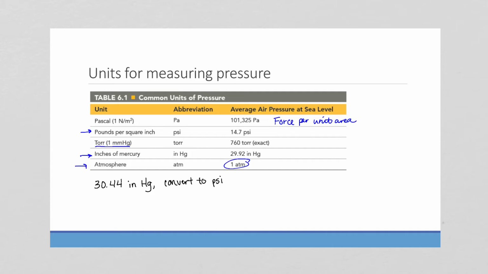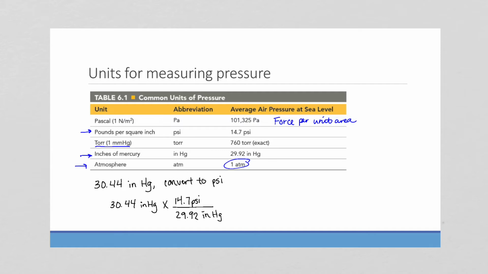So we can set up our conversion factor using 30.44 inches of mercury, and we can multiply that by 14.7 PSI per 29.92 inches of mercury.